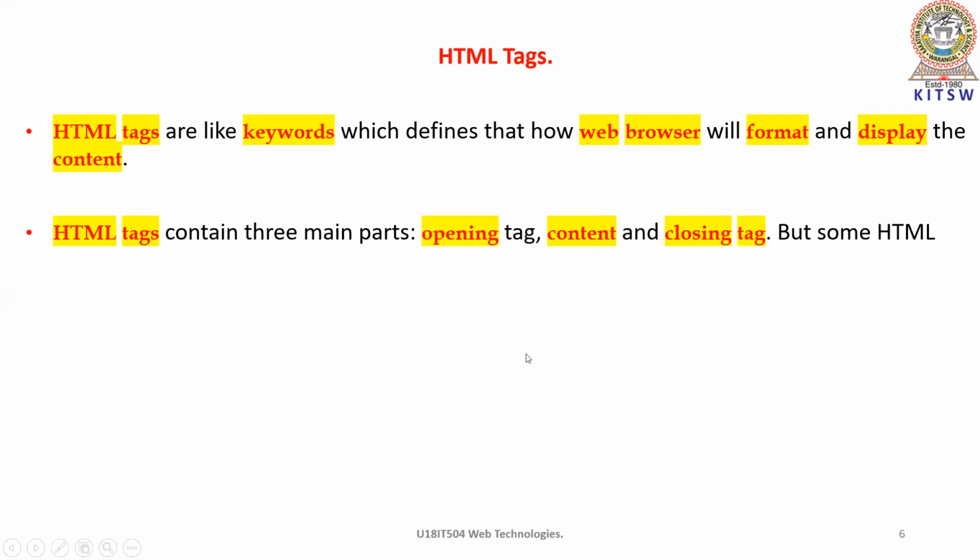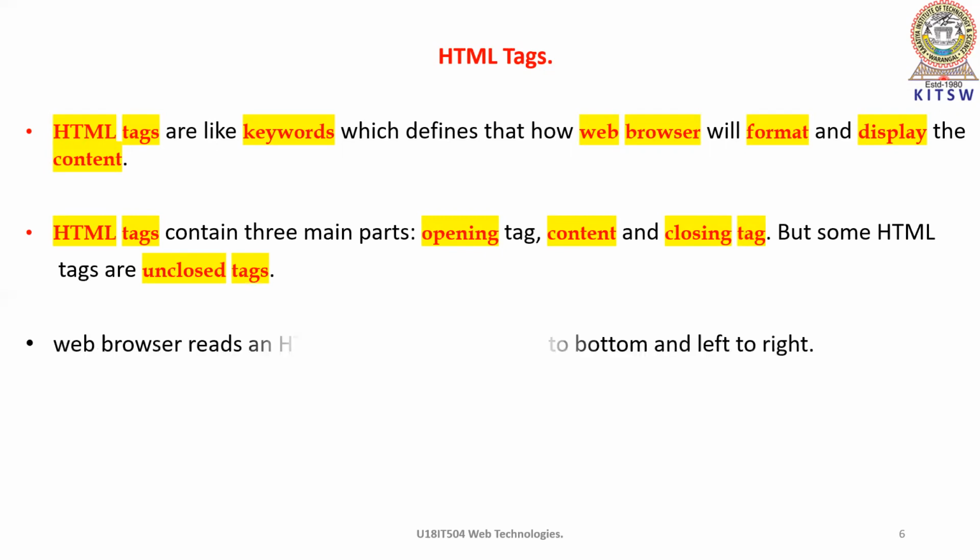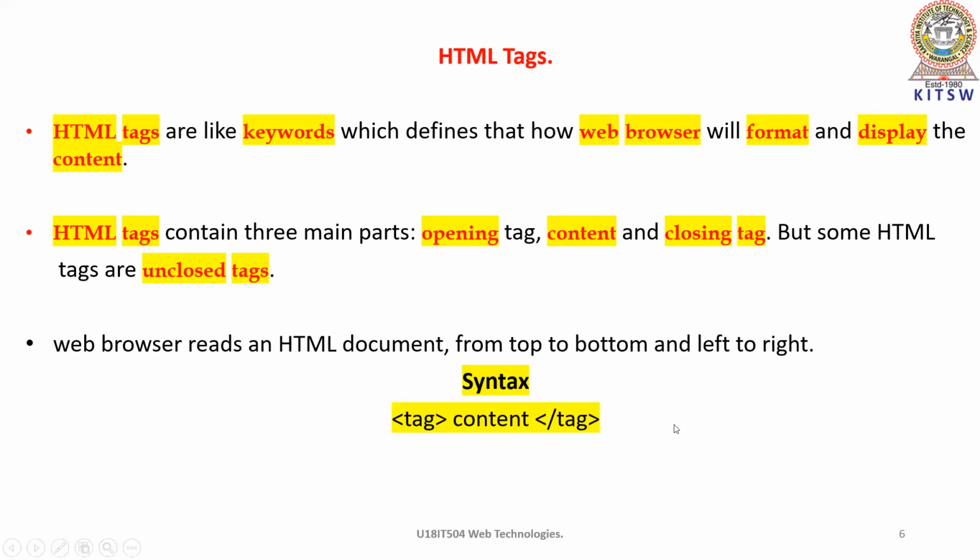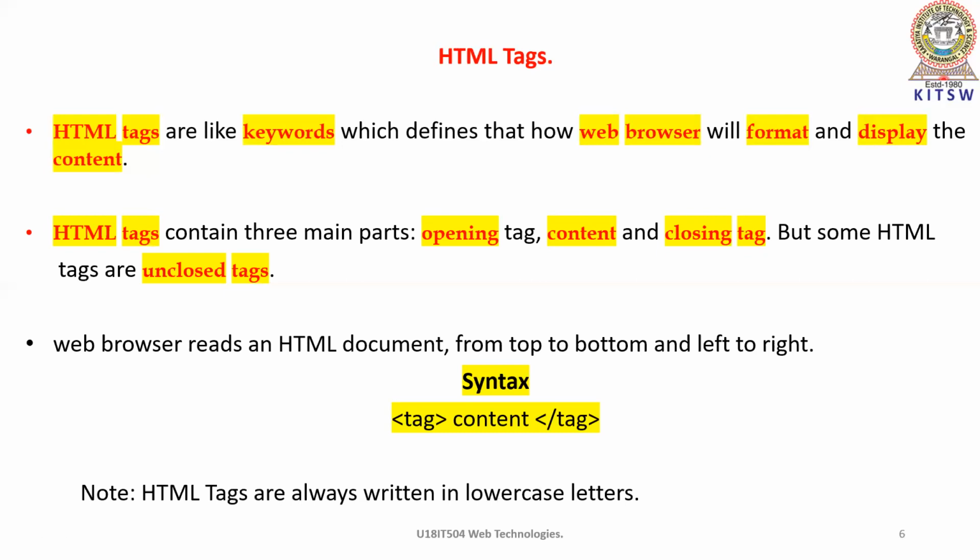An HTML tag contains three main parts: opening tag, content, closing tag. But some HTML tags are unclosed tags, so we do not have any closing tags. Next, syntax: opening tag, content, closing tag. This is the syntax of an HTML tag.